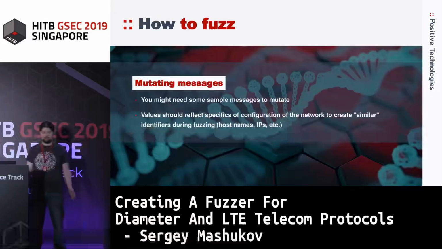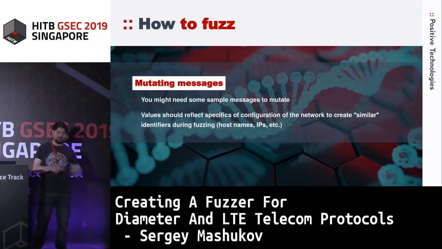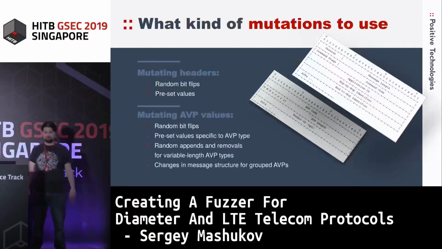Our solution to this is good old mutational fuzzing. One thing to note is that you need not only messages, but messages filled with correct identities. So usually you prepare your messages before sending them.